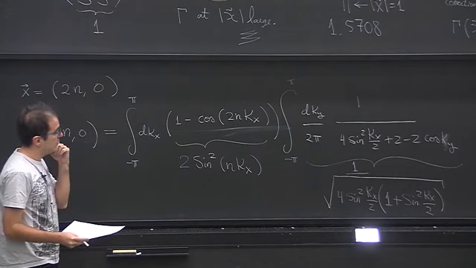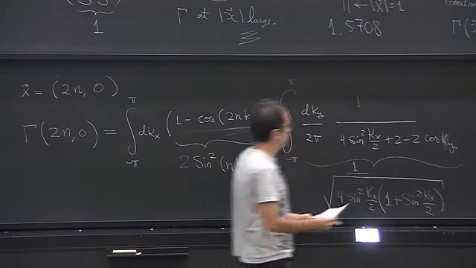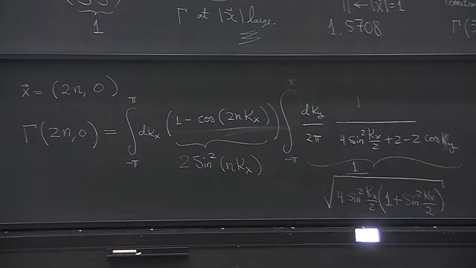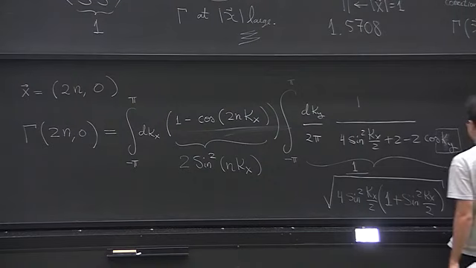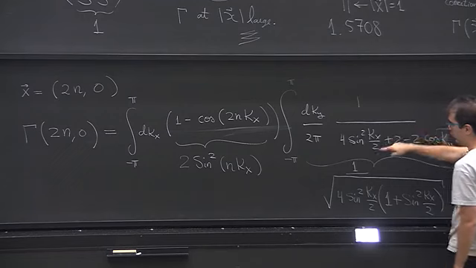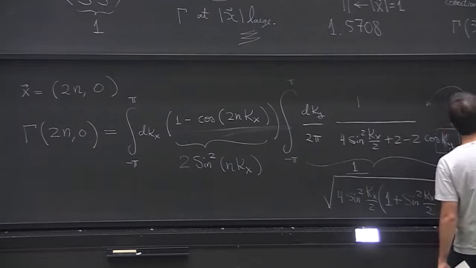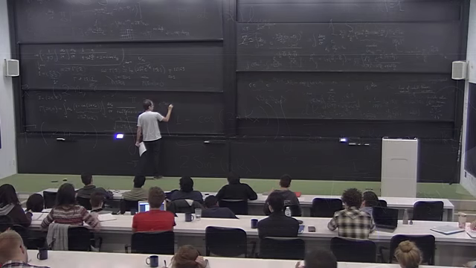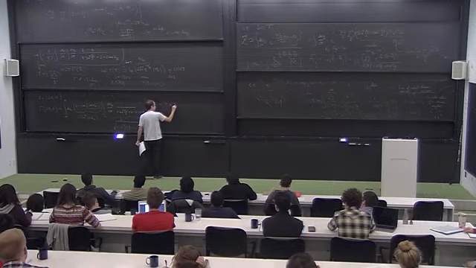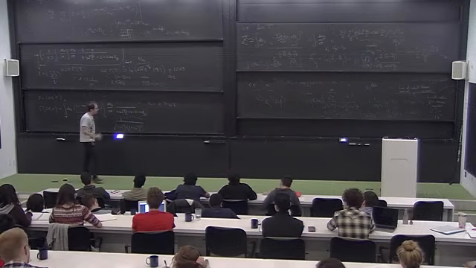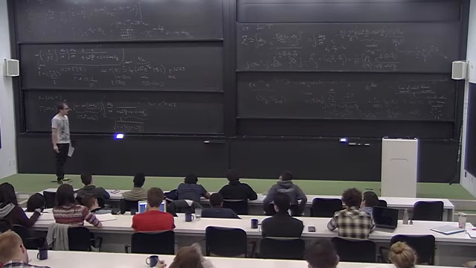One idea for doing this integral that I think it's convenient to know is, when we are integrating over ky, a nice thing we could do, using complex analysis, is to define e to the i ky as y. Right?